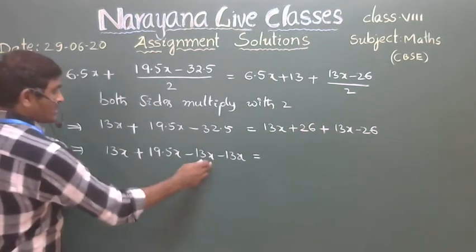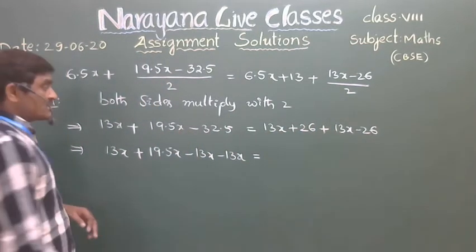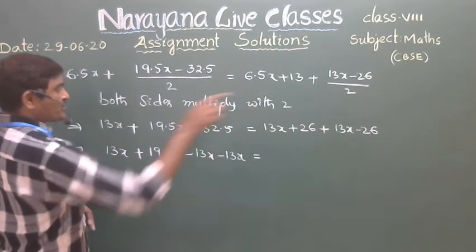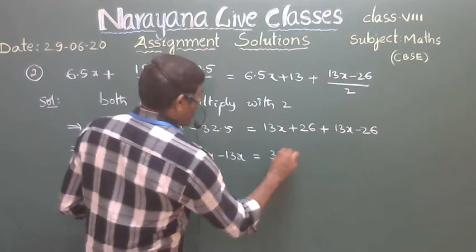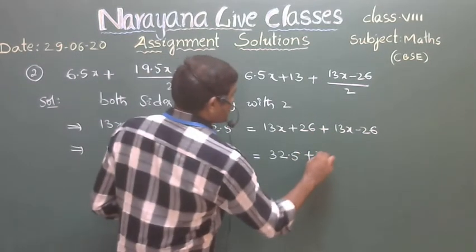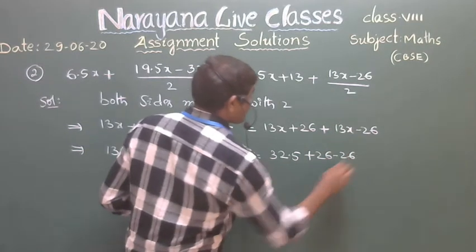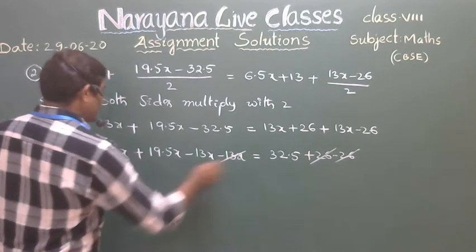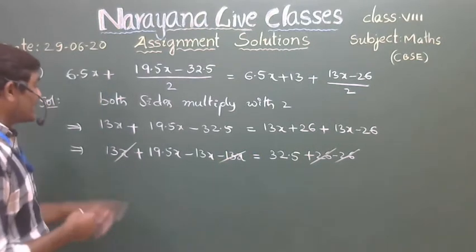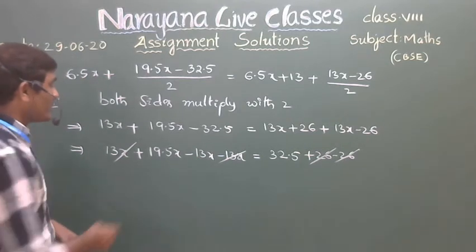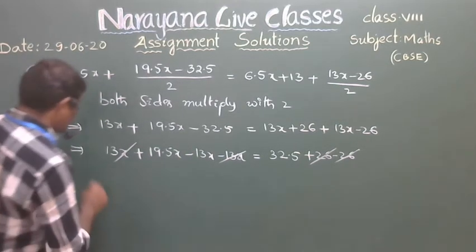Now constants. Here the constant will transfer to the right side plus 32.5. On the right hand side we already have plus 26 and minus 26, which cancel. Here minus 13x plus 13x will be cancelled. Now 19.5x minus 13x: 19 minus 13 is 6.